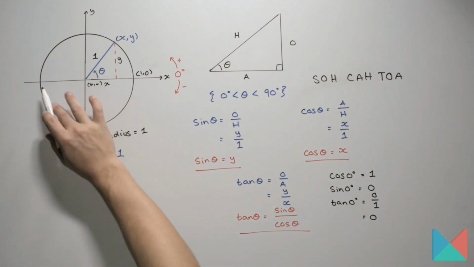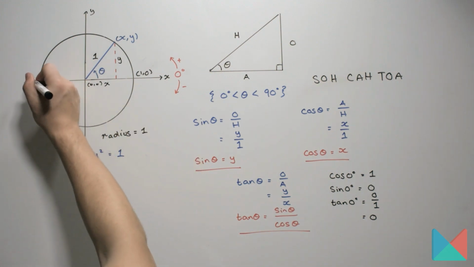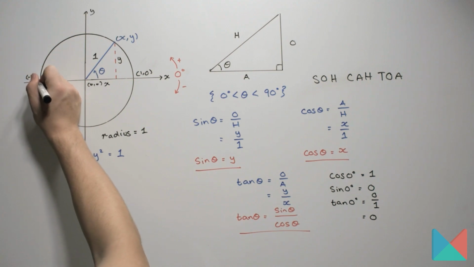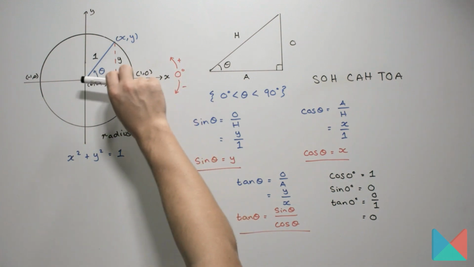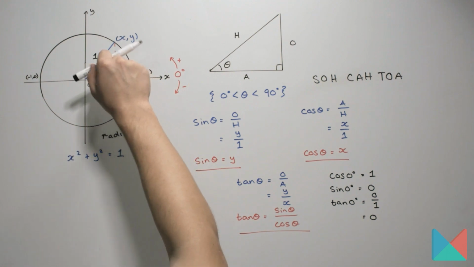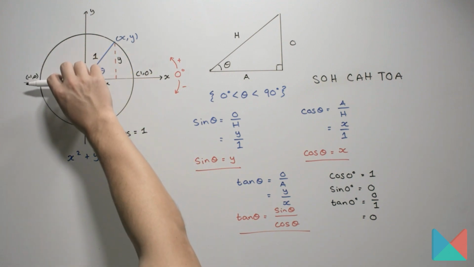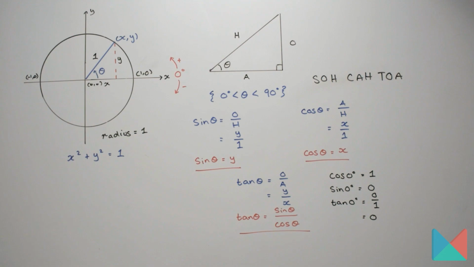What about on the other side of the unit circle? We know that this coordinate will be (-1, 0). And so what is the angle that this produces? Well, starting on the positive x-axis, we're at 0 degrees, and we go around 180 degrees to get to this coordinate. So we're dealing with an angle of 180 degrees.